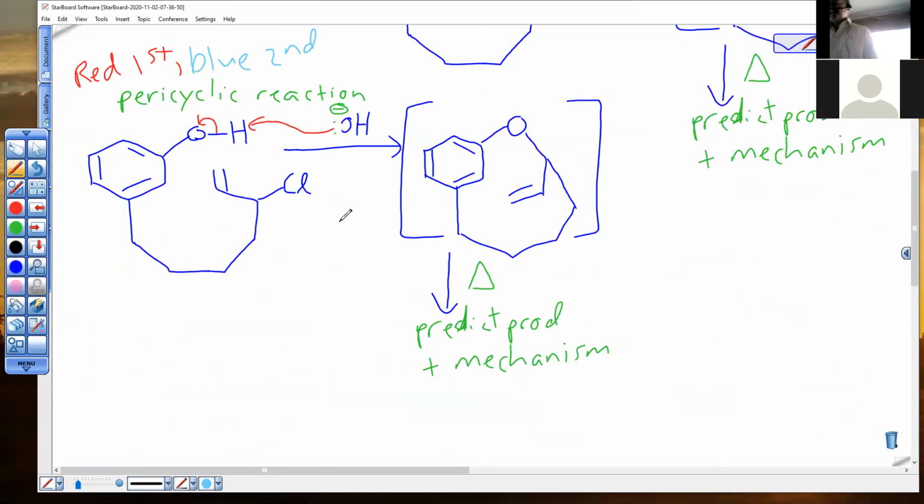Okay, so acid base is followed by an attack from the O minus. Oops, not with a red arrow, it's not. That's a second step after you generate O minus. And here we go. We've got a phenoxide.